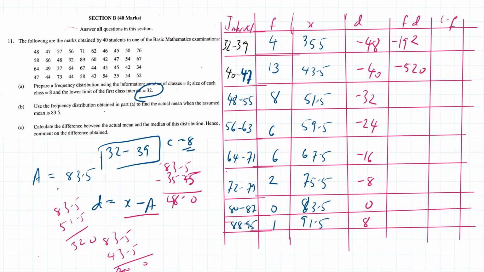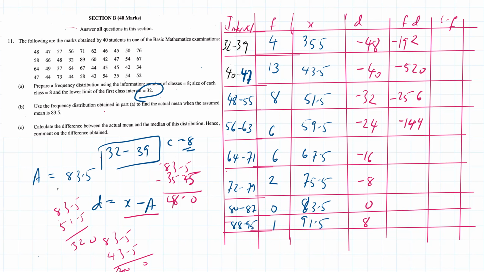Then you have 8 times negative 32, negative 256. Then 6 times negative 24, negative 144.